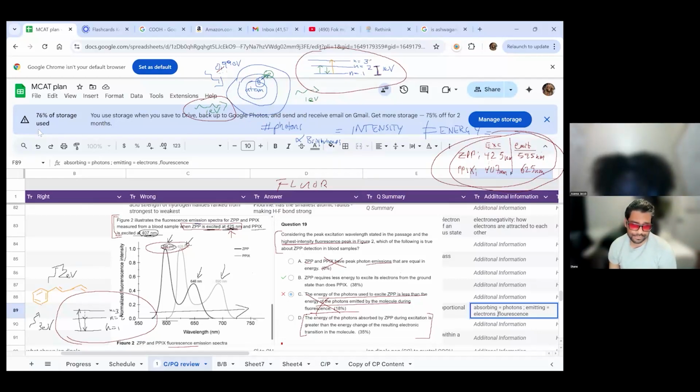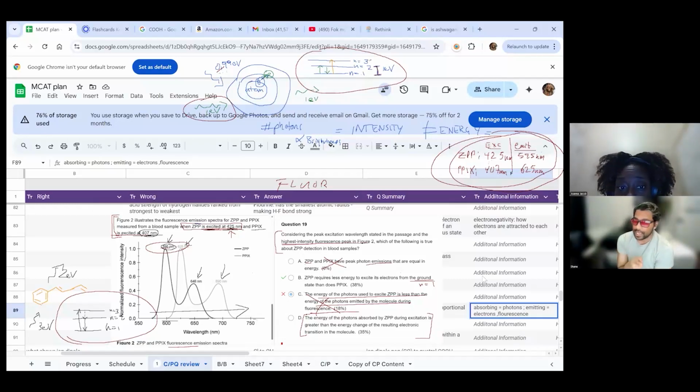Yes, it requires more of the wavelength, less of the energy to excite it from the ground, because one is 425 and one is 407. So that ground state is the n equals 1 shell. And when they say excited, that's the first thing because it starts off at the ground state. So they're talking about the excitation. All right.